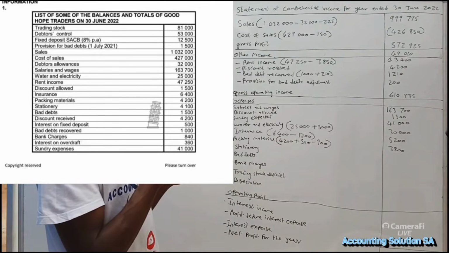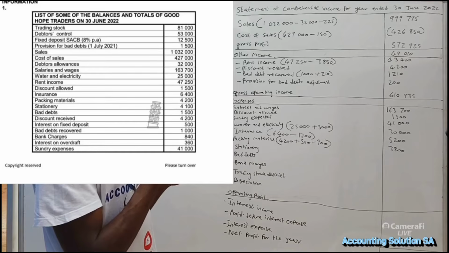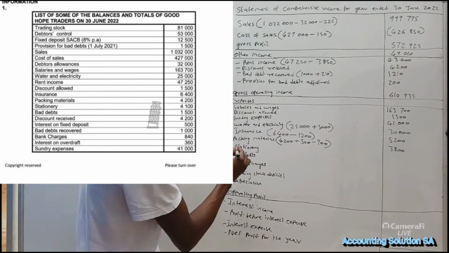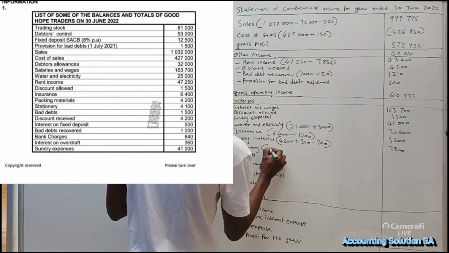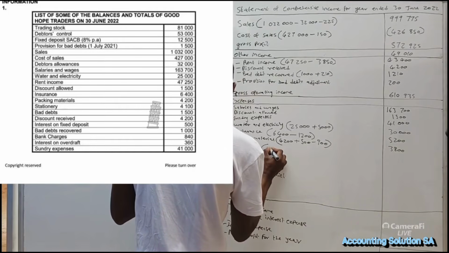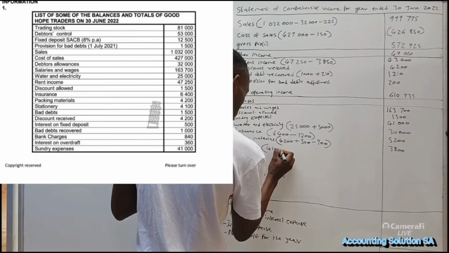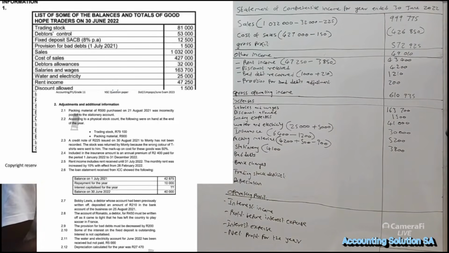Another one, we have stationery. We check on the trial balance first. For stationery, we have an amount of 4,100, and we check if we have any adjustment for stationery. Okay, for stationery, they say that 2.1, a packing material of 500 purchased on 21 August 2021 was incorrectly posted in the stationery account.